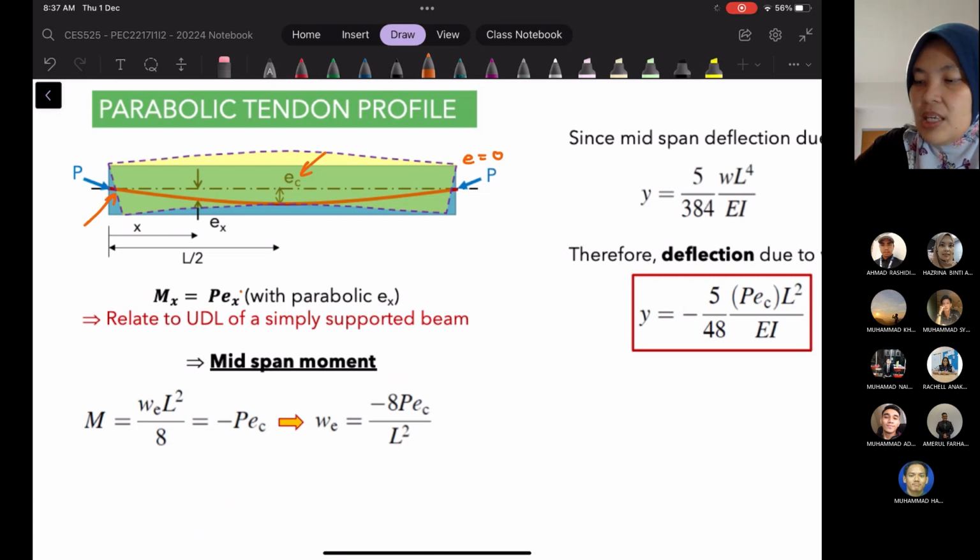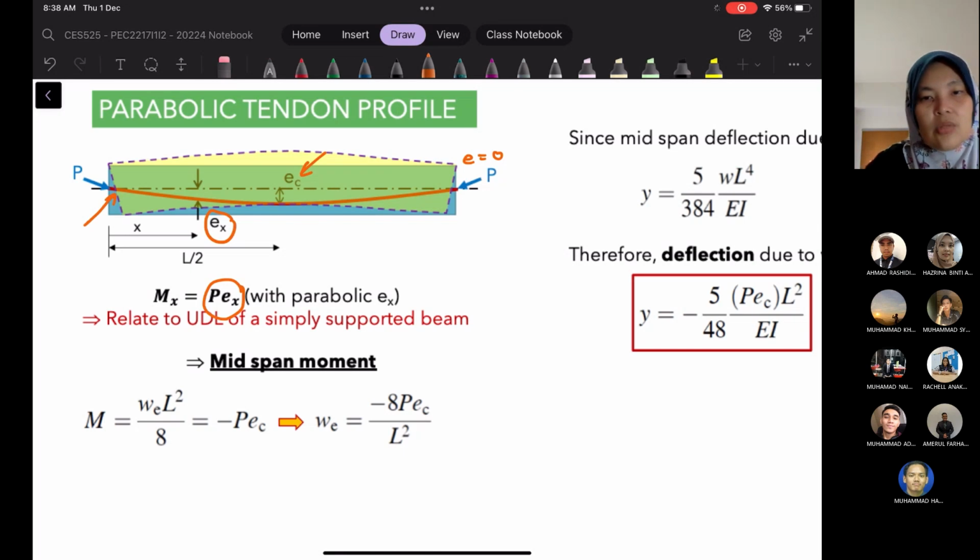Moment is equal to PEX, right? So PEX means EX throughout our beam, right? Okay, so what is its value? This value will actually change with the location of this eccentricity, right? So it starts with zero eccentricity at the ends, then towards the center we are going to have the maximum eccentricity. Okay, right.